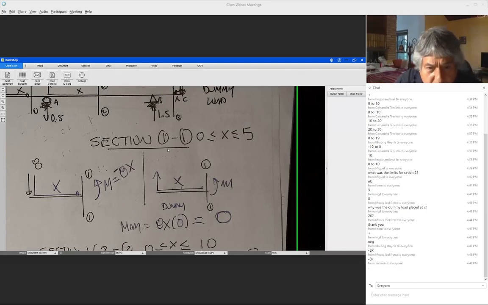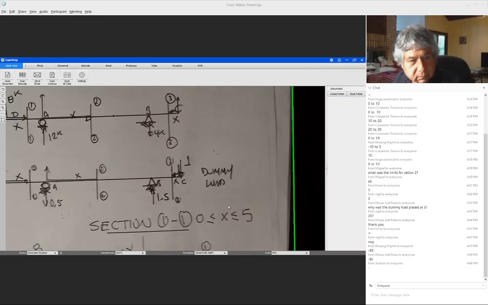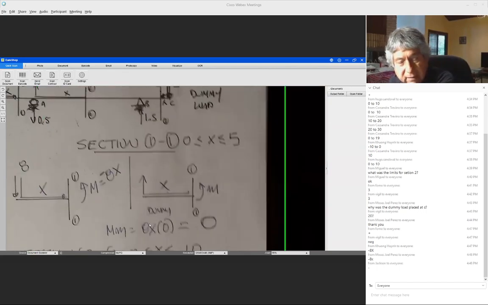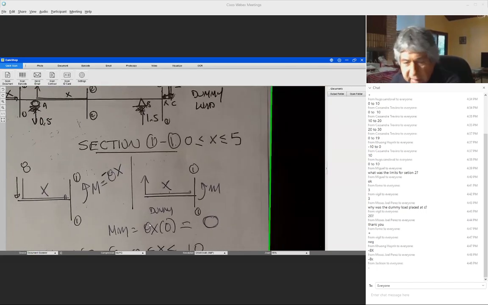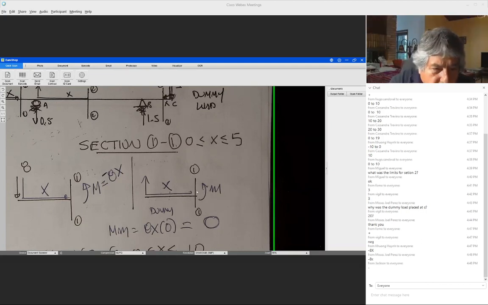This is for the dummy load. This is the same location. Something that I want you to remember, that I had to assume the large M and the little m going in the same direction, both of them counterclockwise or both of them clockwise. That means the sign convention.